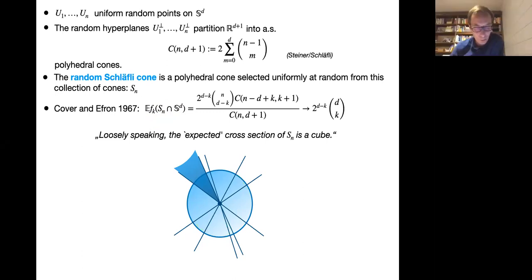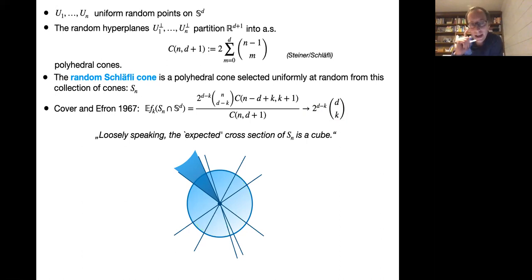Yeah, so they computed this expected f-vector of this random cone, or equivalently this spherical polytope, and they observed that if you let the number of hyperplanes tend to infinity, this converges, and it converges to 2^{d-k} times d choose k. And well, what you see here is exactly the number of k-dimensional faces of the d-dimensional cube.